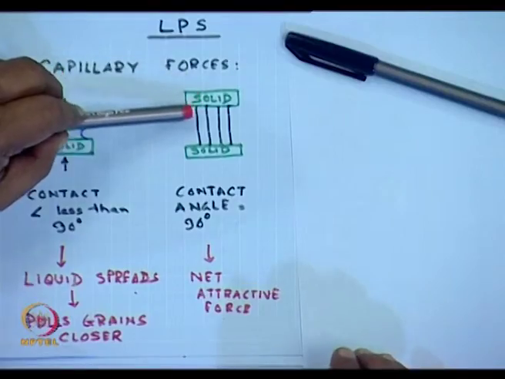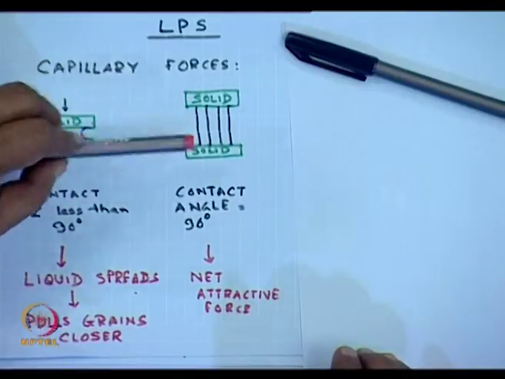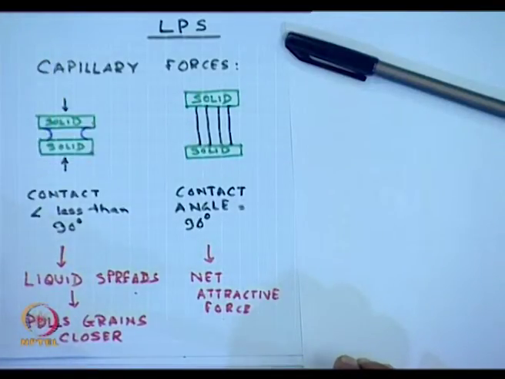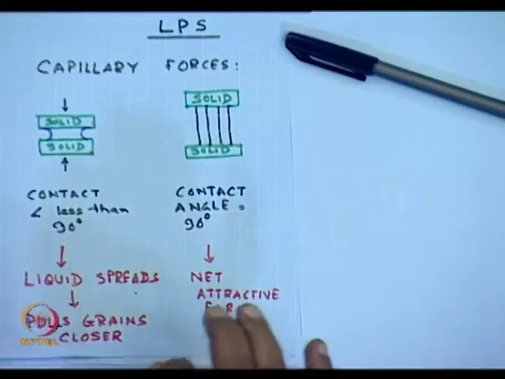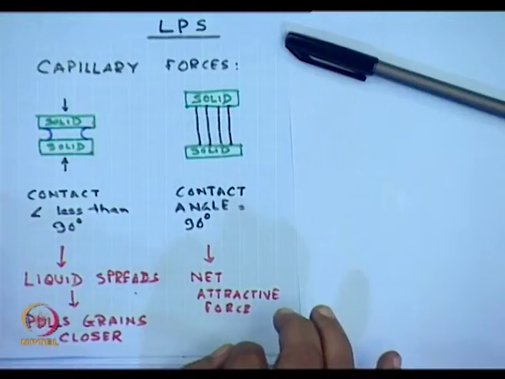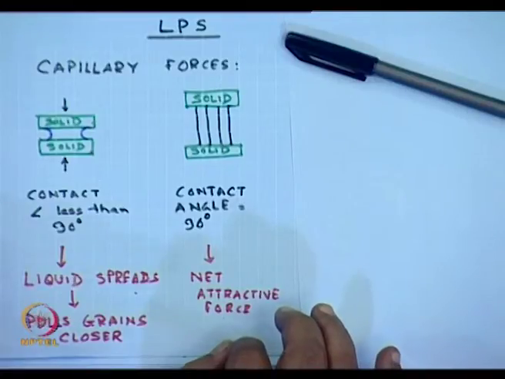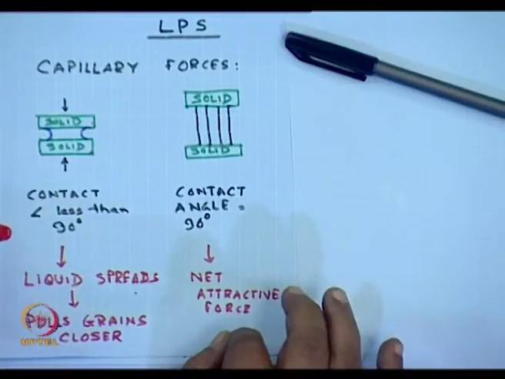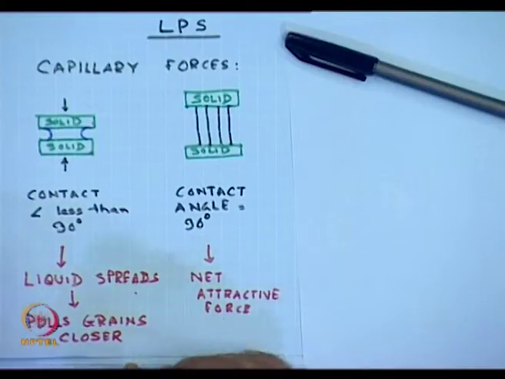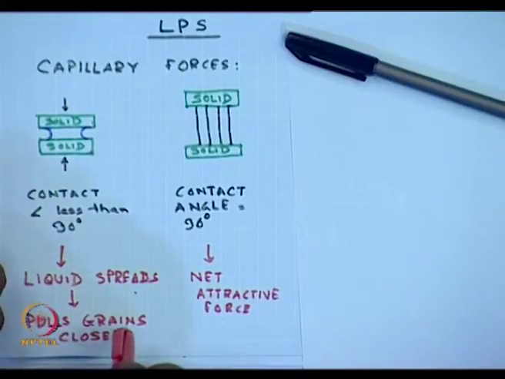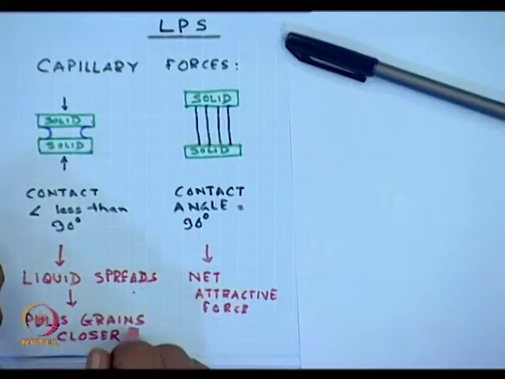In another case, let us presume the contact angle is 90 degrees. If you look at the energetics, you will find that there is still a net attractive force, and liquid phase sintering will happen, though the amount of energy available for this is lesser.